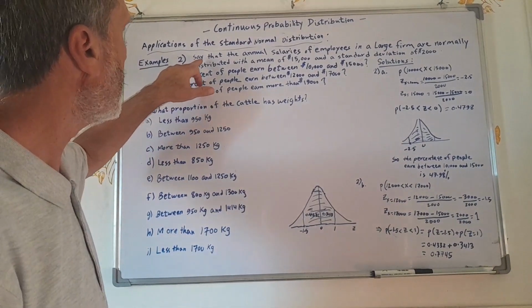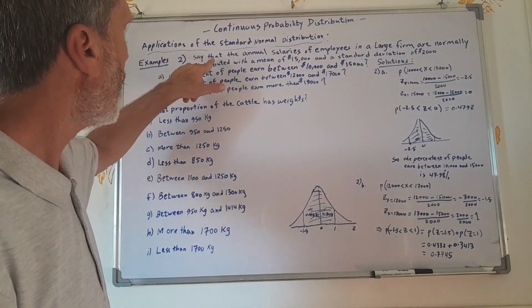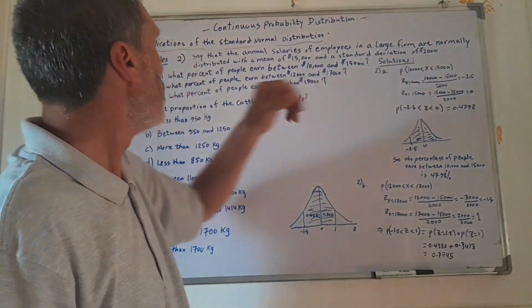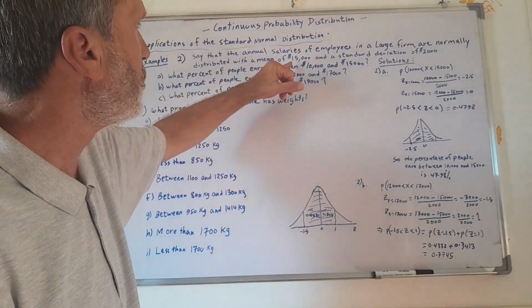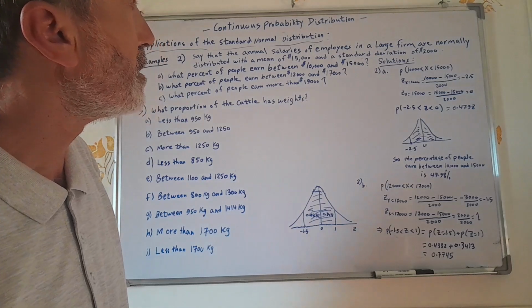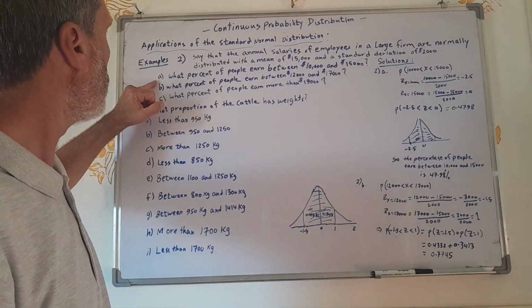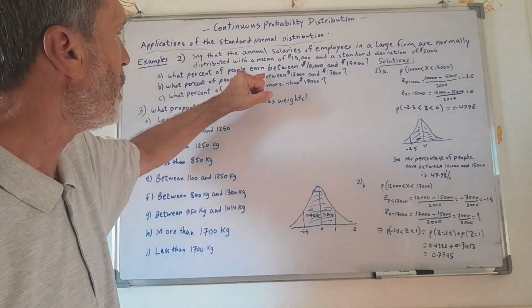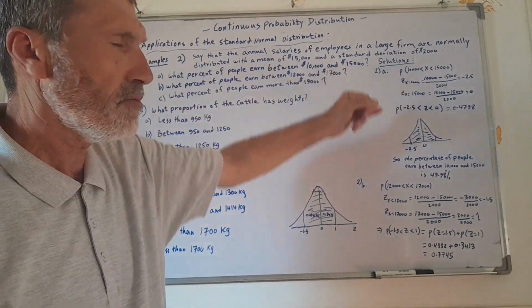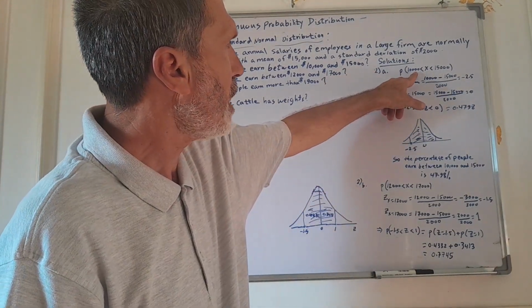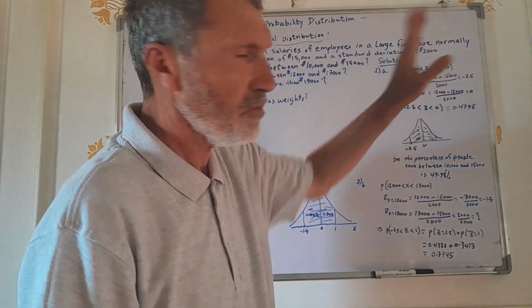Example number 2. Say that the annual salaries of employees in a large firm are normally distributed with a mean of 15,000 and a standard deviation of 2,000. Part A of the question: what percent of people earn between 10,000 and 15,000? So here, the probability of x between 10,000 and 15,000.